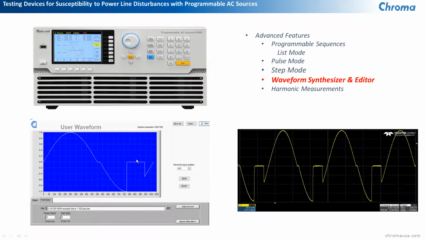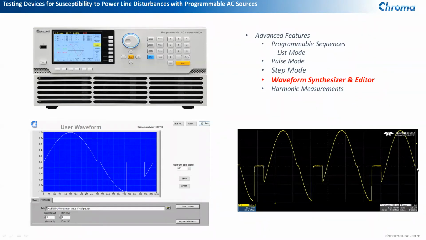So if you were to capture a waveform, say with an oscilloscope, we can do a data conversion to get it into the waveform size to fit into our unit. And then you import that data from your file. You can have multiple waveforms in a single Excel file. You just call up the column and the start index, and it will download that to your unit. And again, you can save up to 6 of these internally. On your computer, you can save an indefinite amount. And once you've done that, you inject it, it creates it, and you can run it.